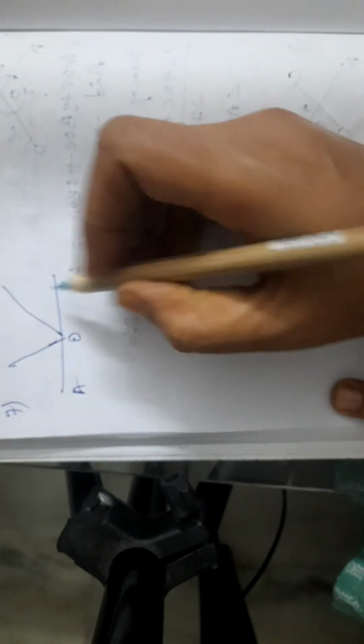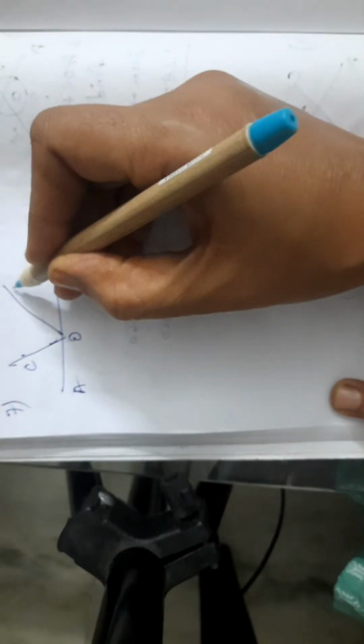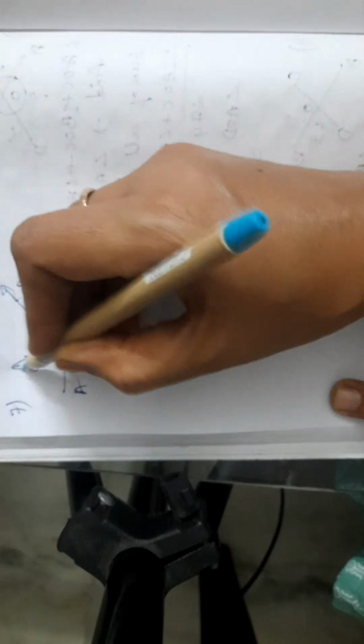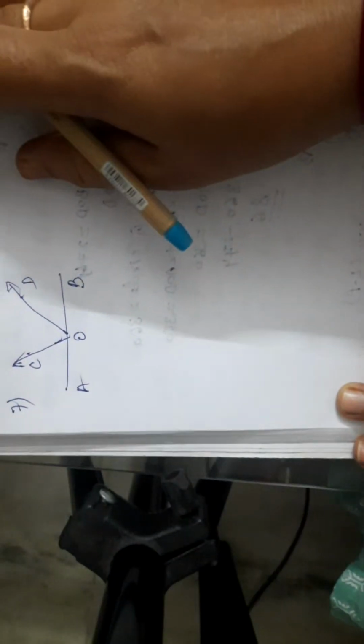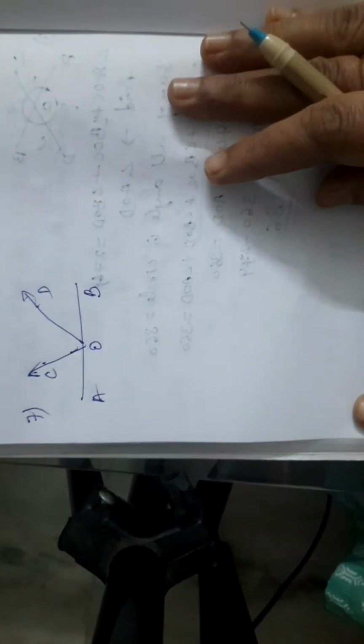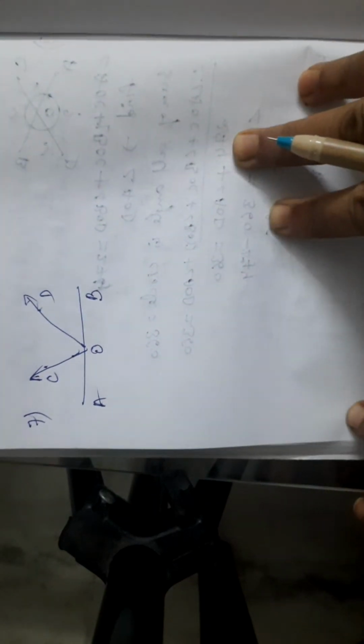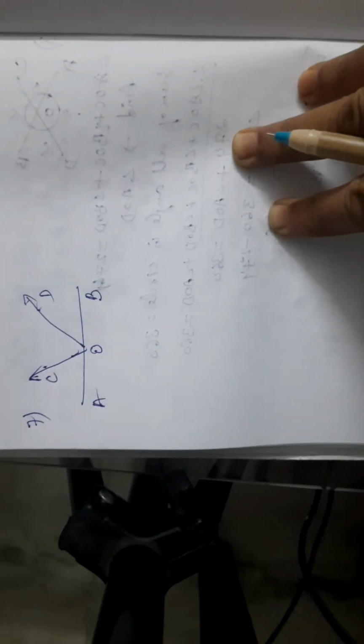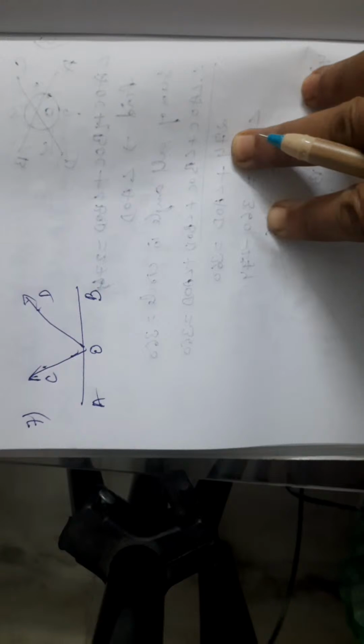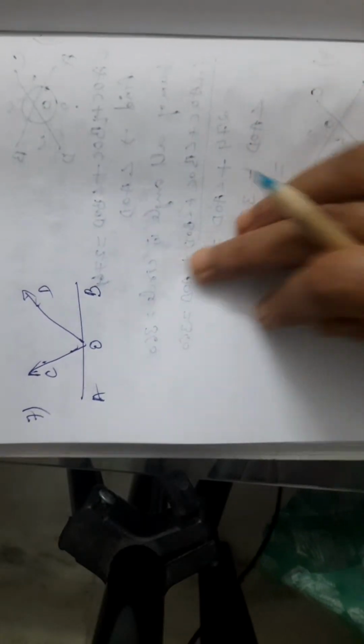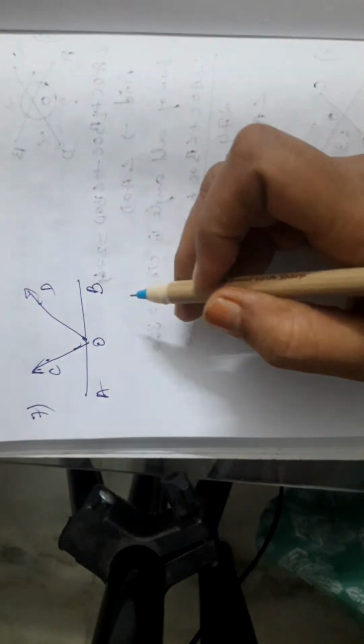AOB is a straight line and points C and D are on the ray. Okay, these are the sums related to lines and angles.